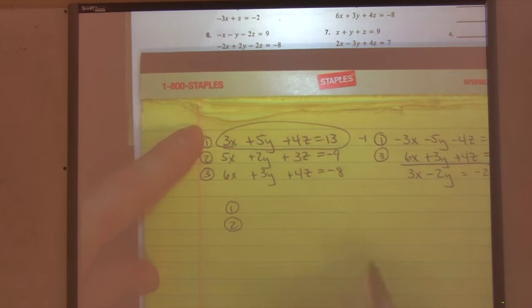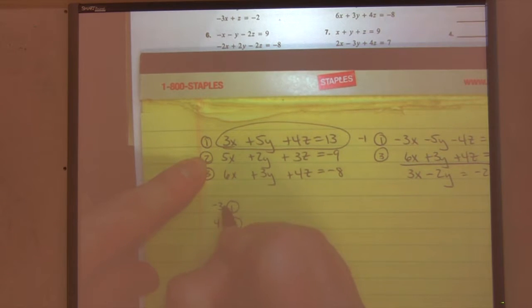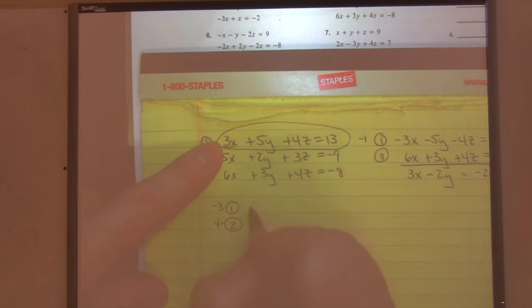So I'm going to multiply the top equation by a negative 3 to get negative 12, and I'm going to multiply the second equation by 4 to get a positive 12. And so we go negative 3 times 3x is a negative 9x minus 15y minus 12z equals negative 39.